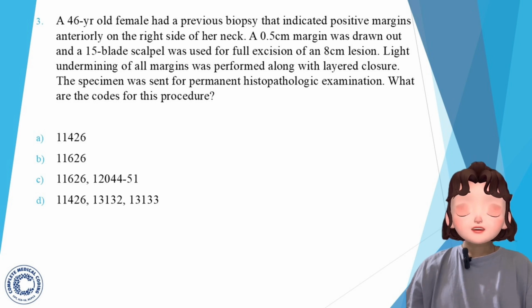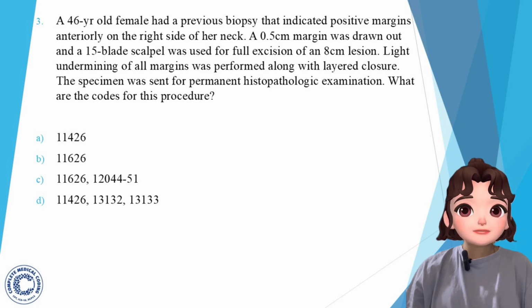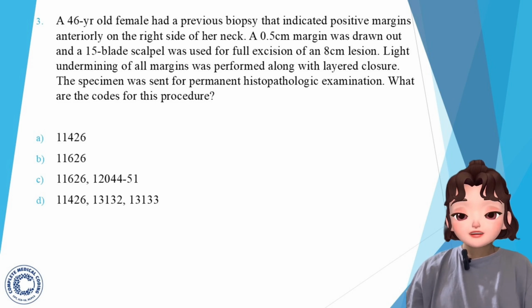So intermediate repair is layered closure. In the third sentence, it is already mentioned that light undermining of all margins was performed, meaning some repair was performed for all the margins. All margins, our size being 8 centimeter, along with layered closure.